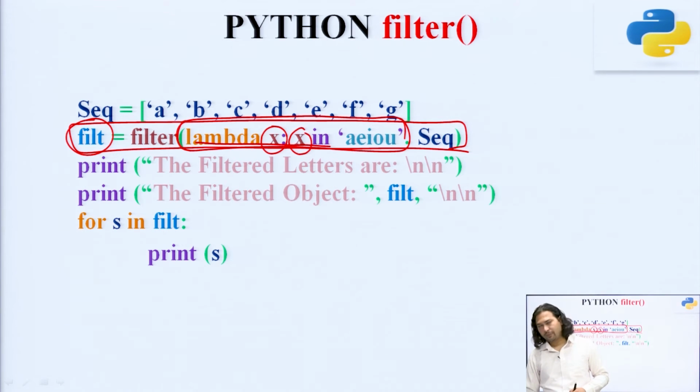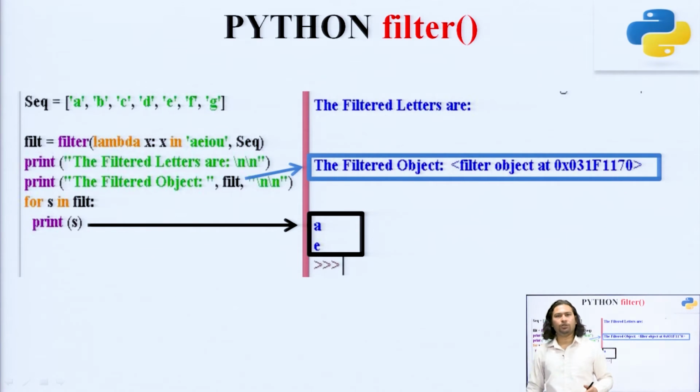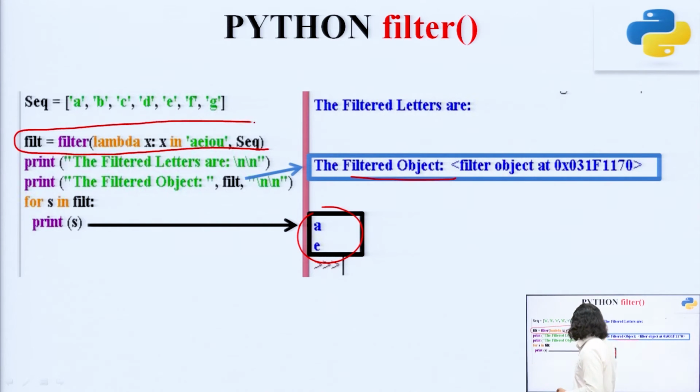The rest of the code remains the same, and you can check the output: yes, the output is the same, the filter object is the same, but the difference is the execution of a one-line statement in Python. So in Python this lambda function is so powerful that it can reduce your code to just a few lines.